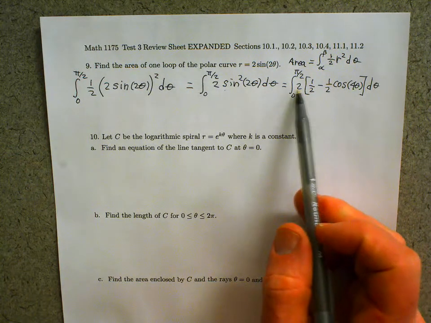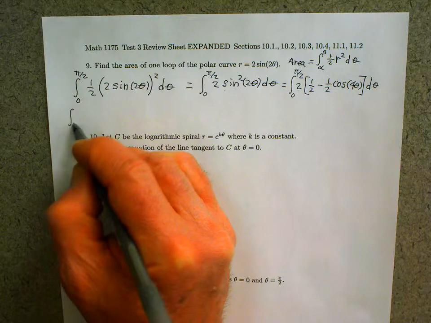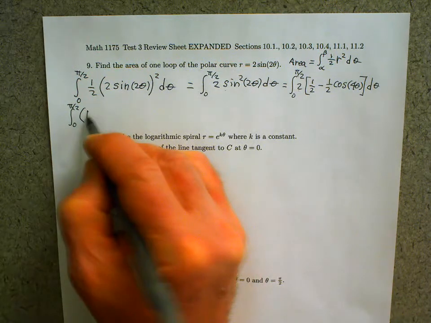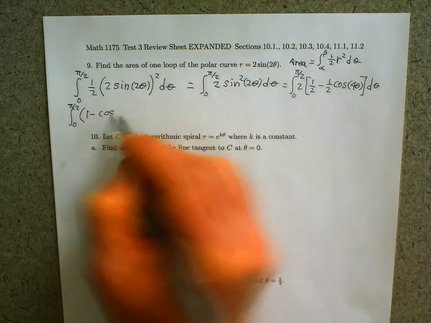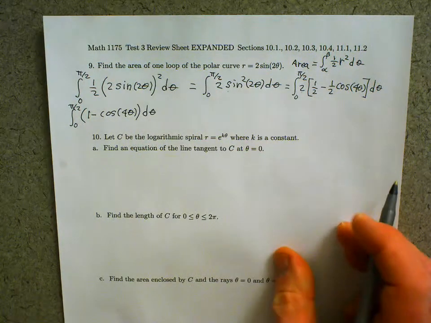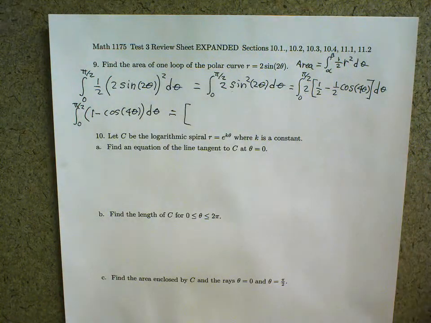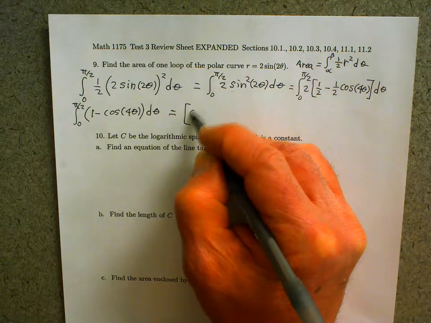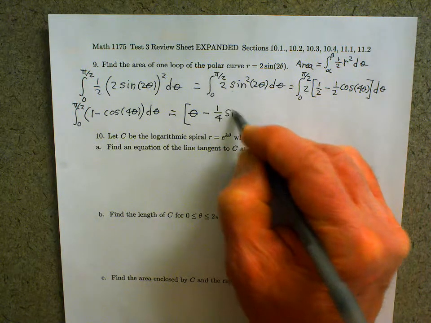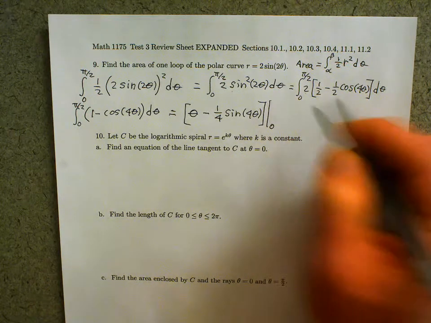Then if we distribute multiplication by 2 in the integrand, we get the integral from 0 to pi over 2 of 1 minus cosine of 4 theta d theta, and then an antiderivative of 1 minus cosine of 4 theta with respect to theta is theta minus 1/4 times sine of 4 theta. We evaluate this from 0 to pi over 2.